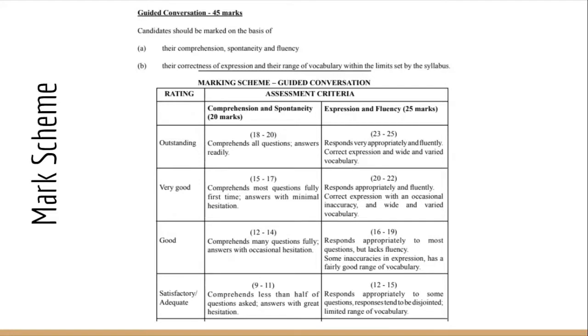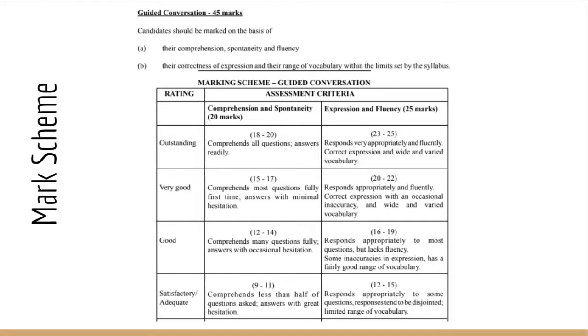All right, and then you are marked on the basis of your correctness of expression and range of vocabulary, of course, within the limits set by the syllabus. So you need to ensure that your grammar is on point, your pronunciation is on point, and you should have a wide vocabulary. Let's focus on the outstanding and very good. Now, on the comprehension and spontaneity, which is marked out at 20 marks, if you get between 18 and 20 marks for this section, it means that you understand all questions and you answer readily.